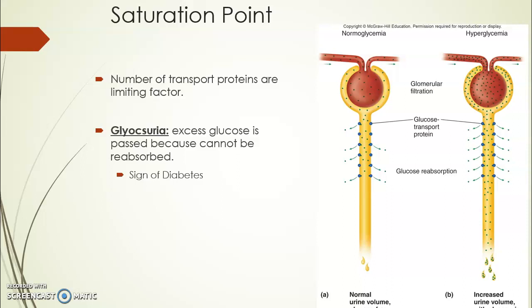So the production of these transport proteins can increase, and there can be more being produced to help with that facilitated diffusion. But this is indeed why we will see this glycosuria, or glucose in the urine, as a symptom of diabetes.